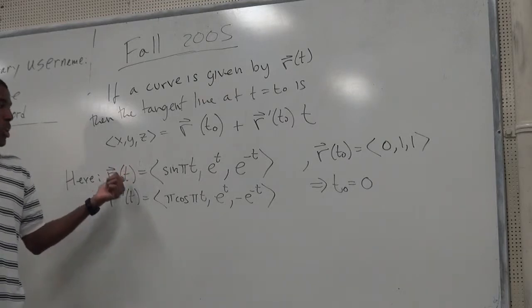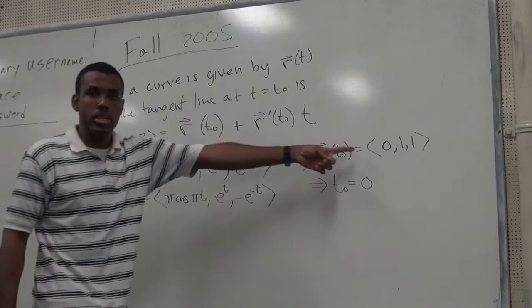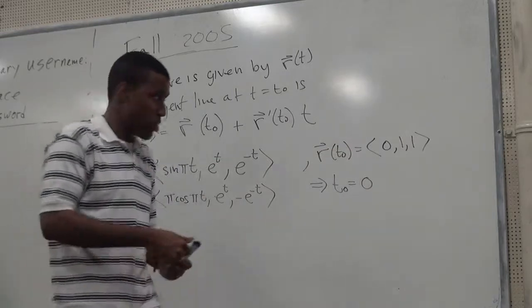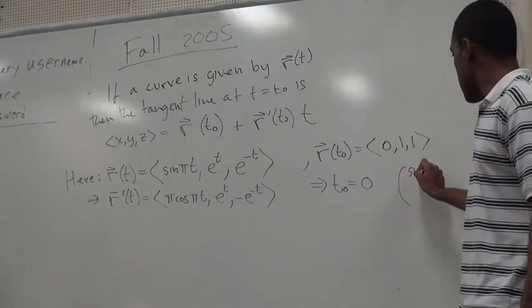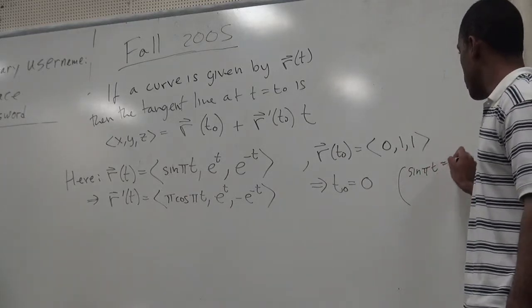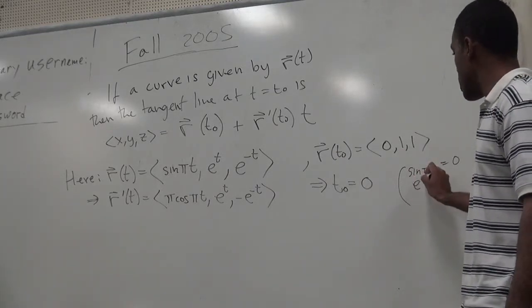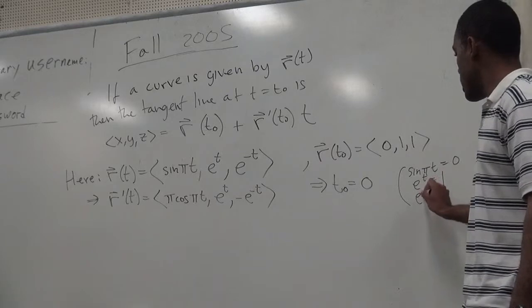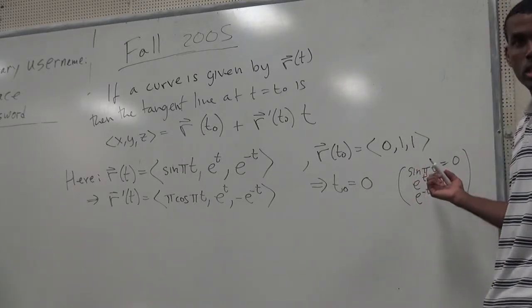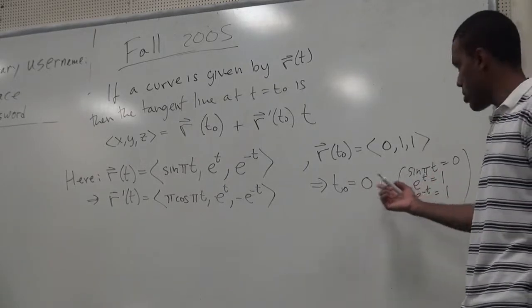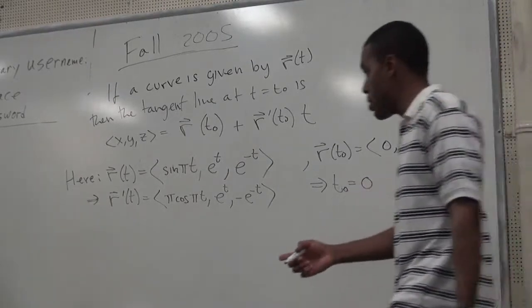So you want to know what t value makes the point 0, 1, 1. You have to solve three equations: sine of pi t gives 0, e to the t gives 1, e to the minus t gives 1. Solving those, t equals 0 solves all of them.